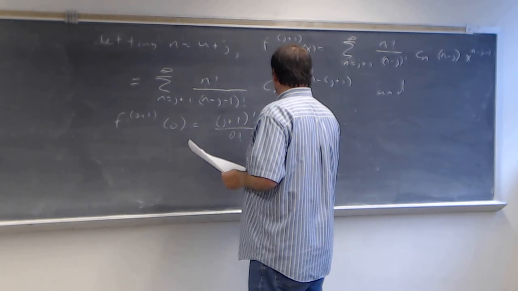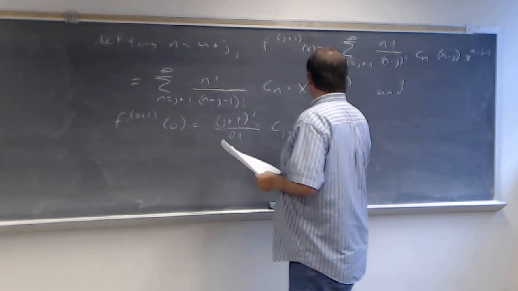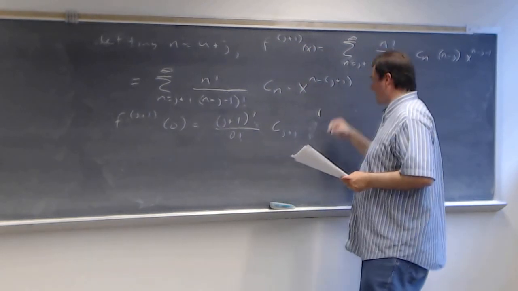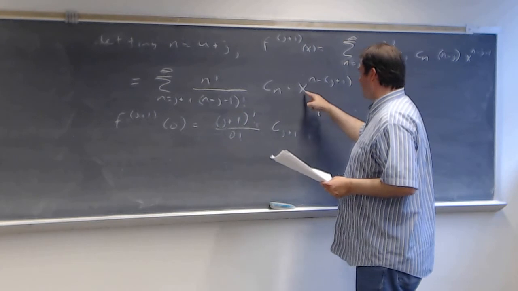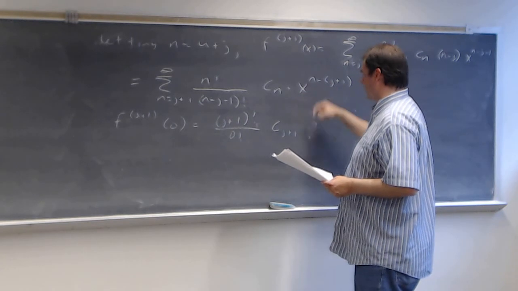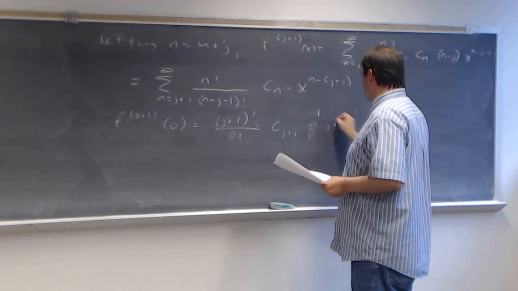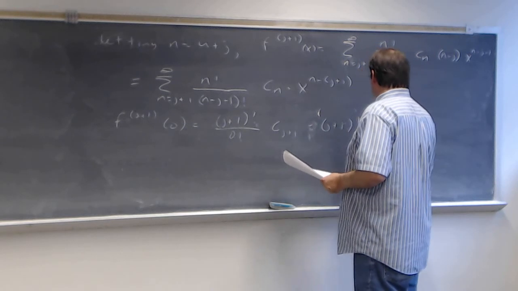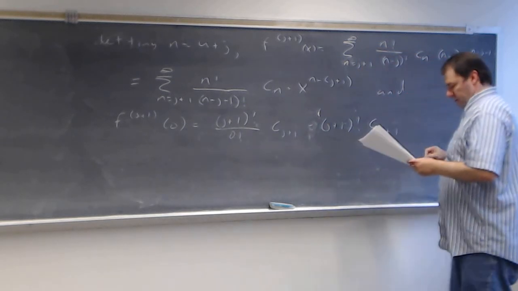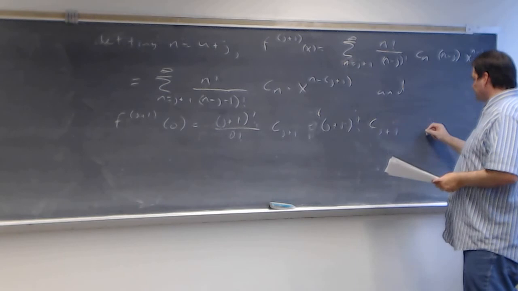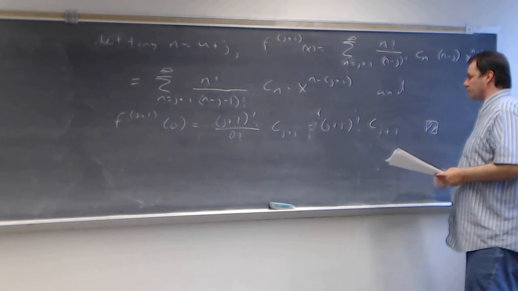This would be c sub j plus 1 x to the 0, which is going to be 1. Which equals j plus 1 factorial c sub j plus 1. That's what we wanted to show. So that concludes this proof.